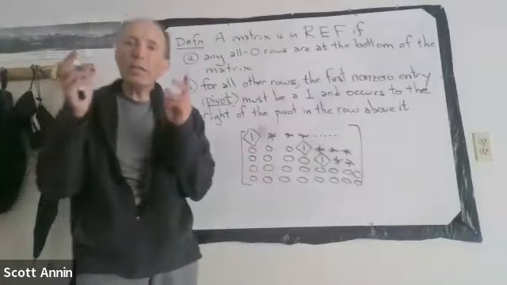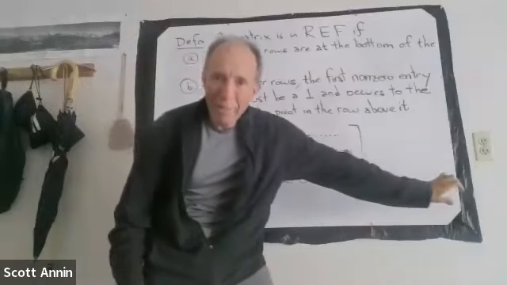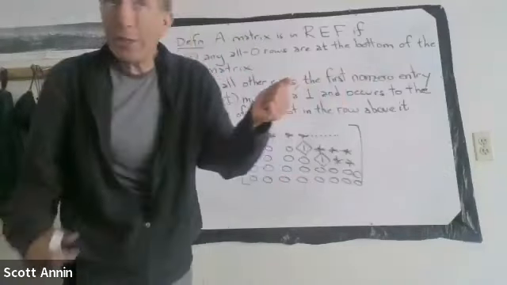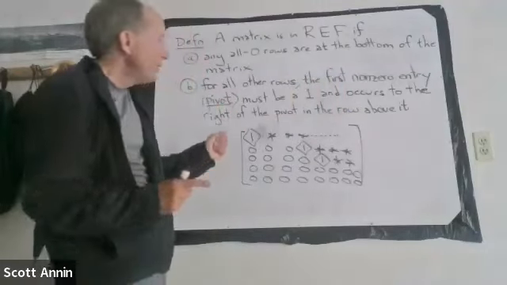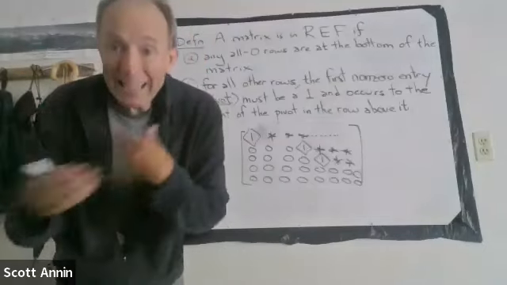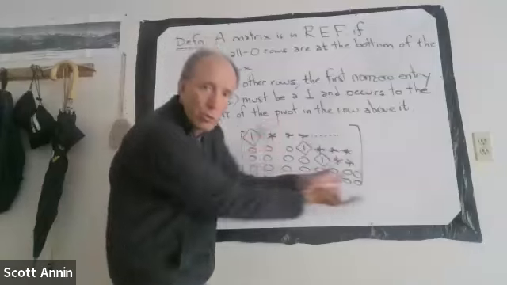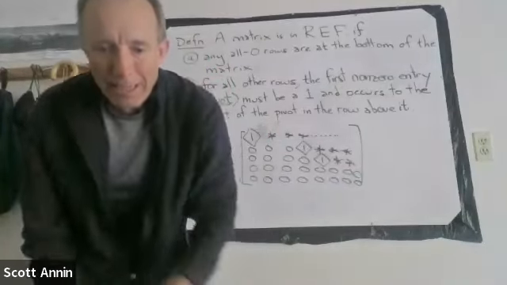So we're going to use the permute operation to get the zeros to the bottom. We're going to use the multiplication operation to make those pivots equal to a 1. And it's actually the adding operation that helps us move the pivots to the right as we go down in the matrix. This is really the basic idea.